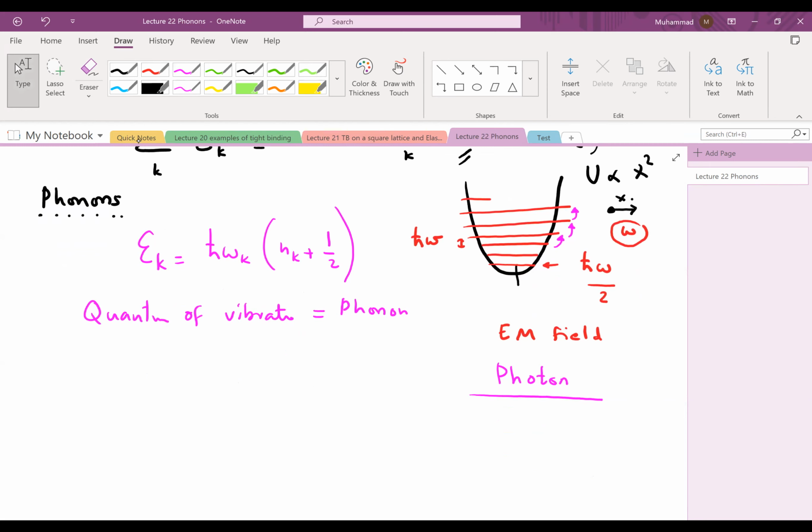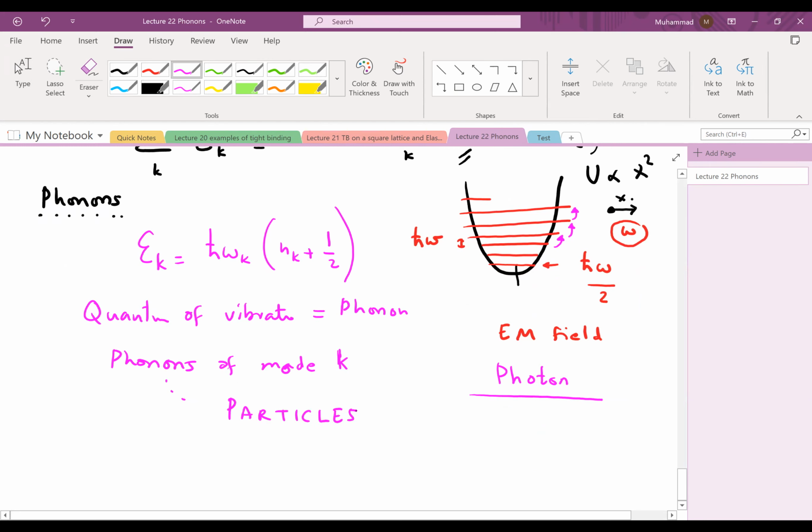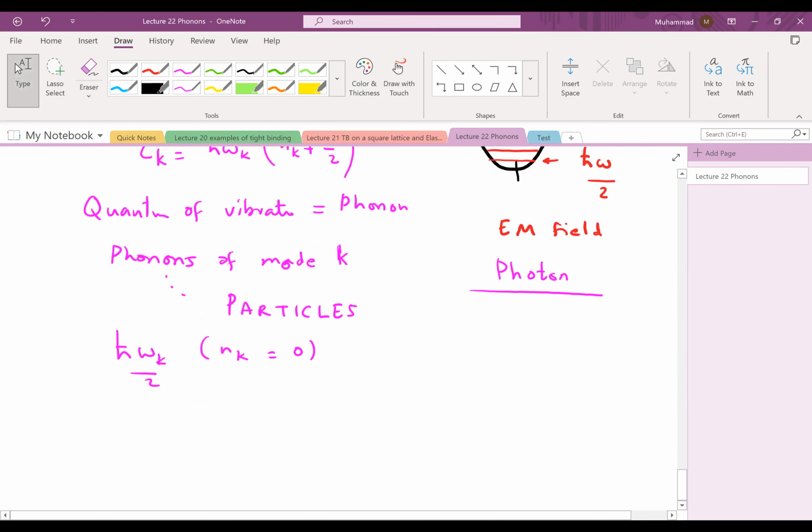So there are phonons of mode k, and you can have these phonons, which are now being treated as particles, in the ground state, which means that the energy of the system is going to be h bar omega k over 2, because nk is 0.